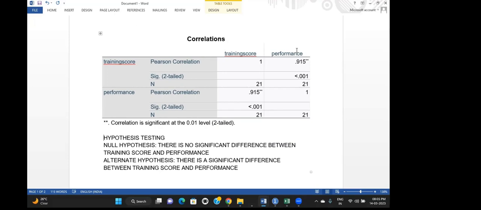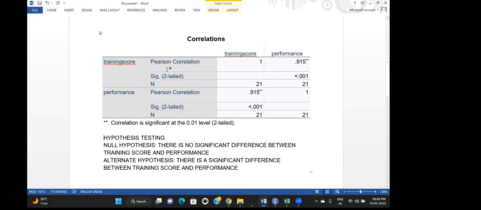Just give me a minute, 8 minutes. See, instead of putting no significant difference, there is no significant relationship between. Haji, is there something you're saying? Say the null hypothesis should be there is no significant relationship between training score and performance. Yes, yes, yes.